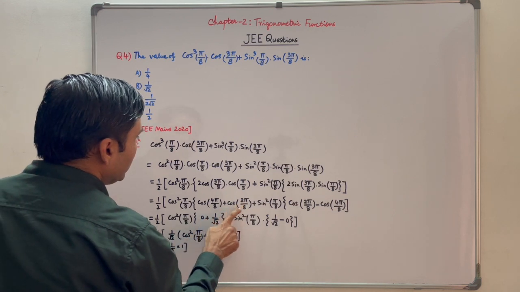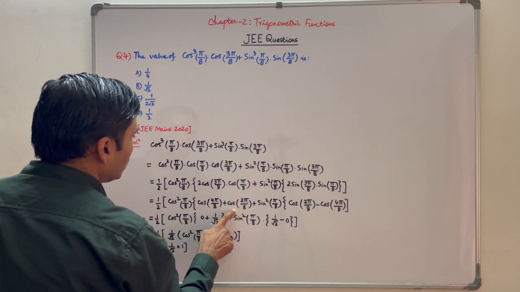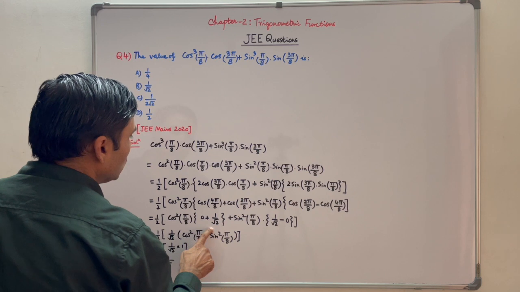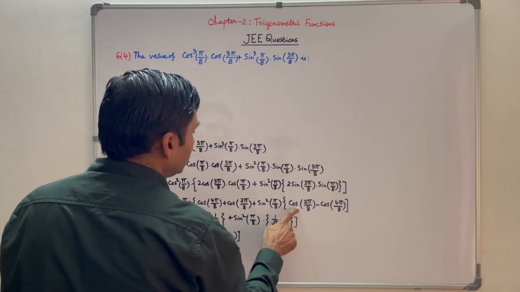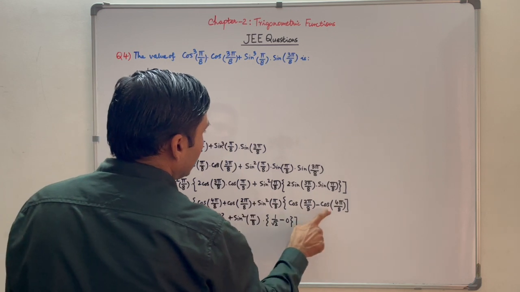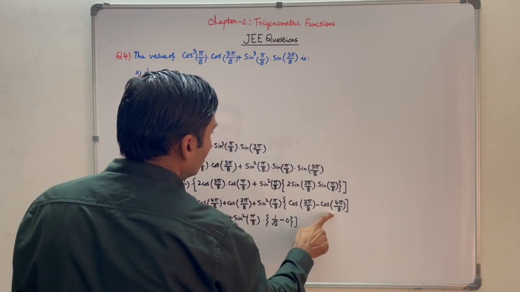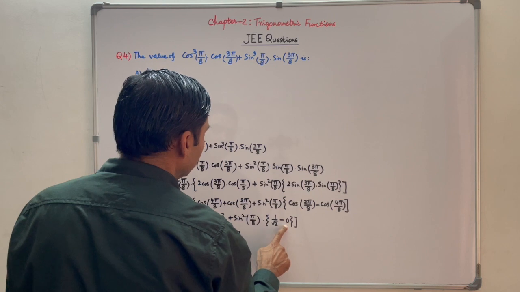Cos 2 pi by 8 is equal to cos pi by 4, which is equal to 1 by root 2.